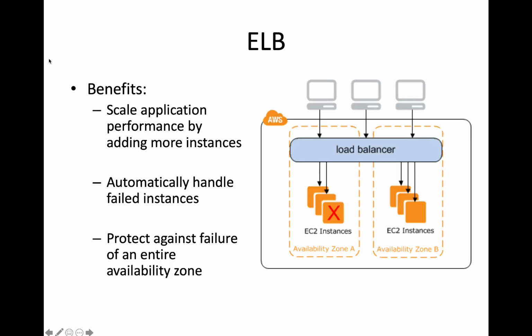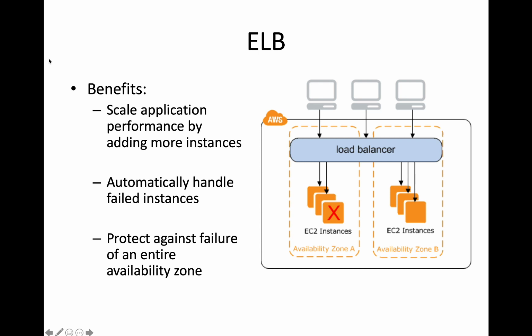So what are some of the benefits of an Elastic Load Balancer? We know what it can do. You sort of have an understanding of this load balancing pattern, but why would you want to use it? Well, it allows you to scale your application horizontally. We can spin up, let's say, 5 EC2 instances that are serving as web servers, and if we need to add more capacity to our platform, then we can continue to add additional EC2 instances.